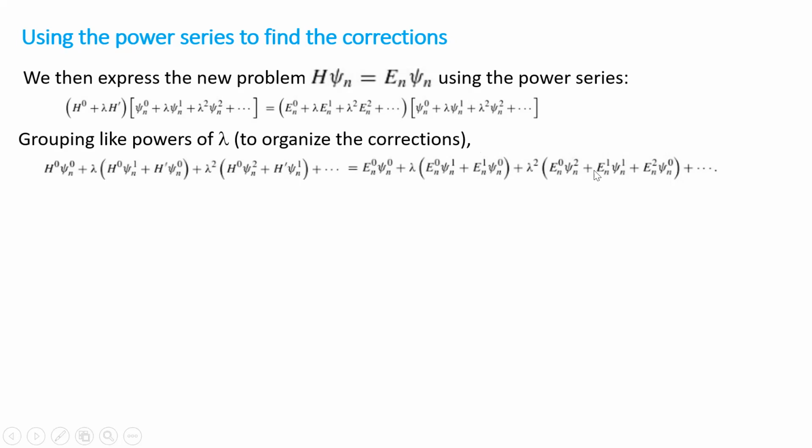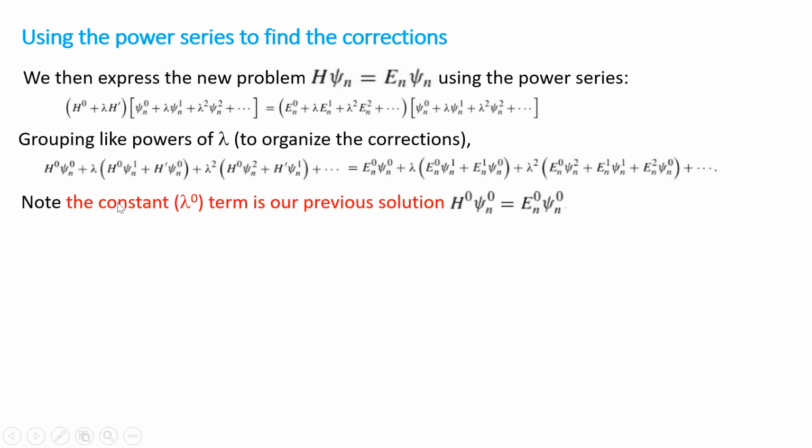Okay, so if this is going to be true, since lambda is a small parameter which can vary, it's a power series here. The coefficients of each order of lambda must match on each side.